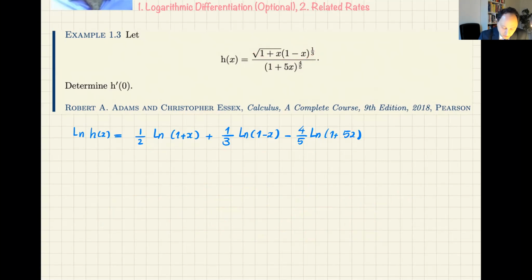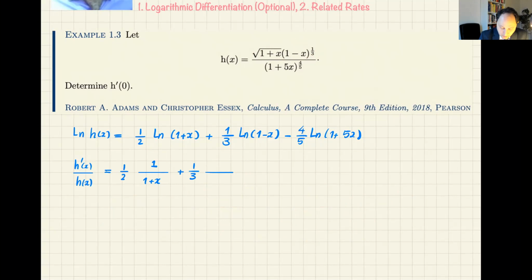When you write this immediately, you take the derivative from both sides. According to the chain rule, the left-hand side becomes h prime of x over h of x. The right-hand side, I have 1 over 2. You know what to do with ln. This goes in the denominator. You take the derivative in the numerator, which is 1. You go to the next one.